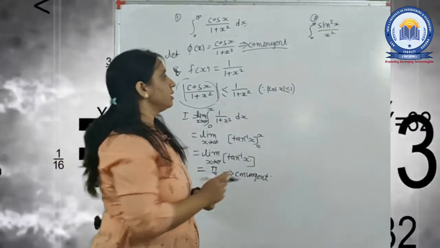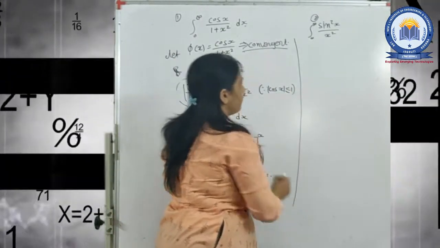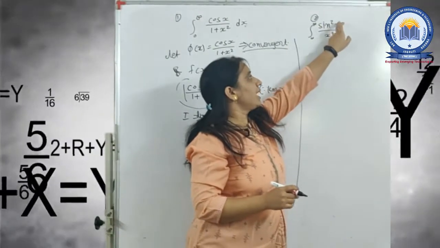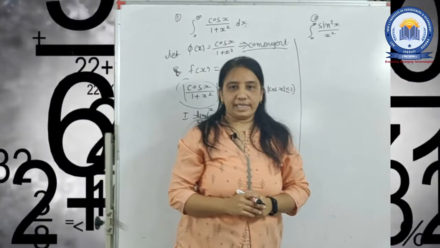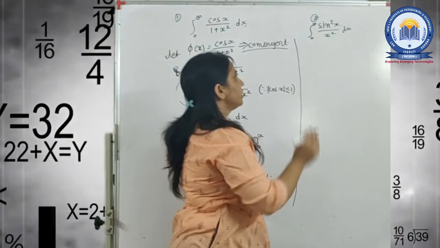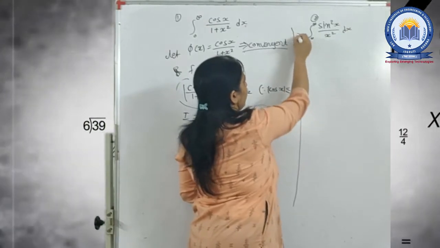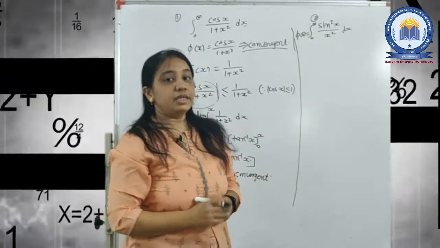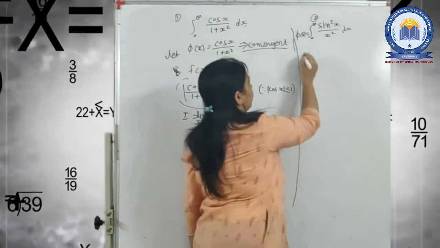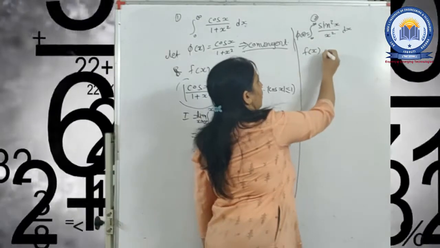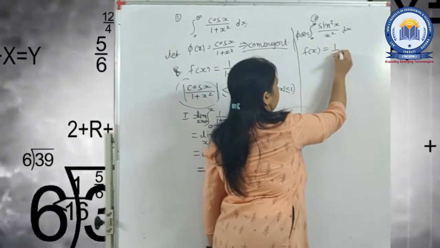Now another example, suppose integration 0 to infinity sin square x upon x square dx. So obviously we have to assume it is phi x. Now fx, suppose 1 upon x square.